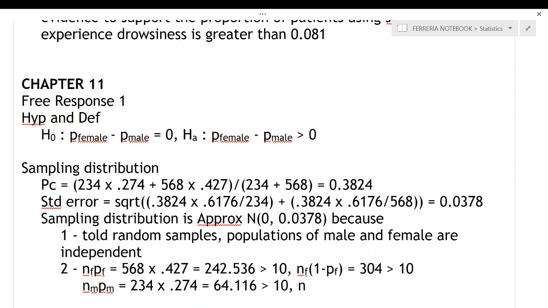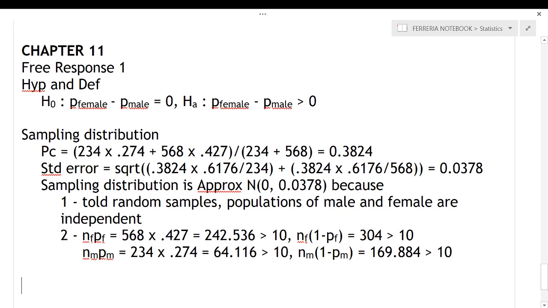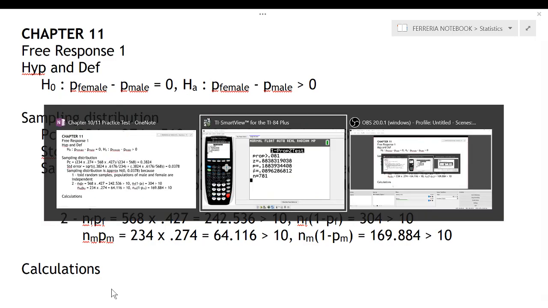And then we have nM times 1 minus pM, which is 169.884. That's greater than 10. Great. That's everything for our sampling distribution. That's always the hardest part of these calculations. This is when we grab our calculator.